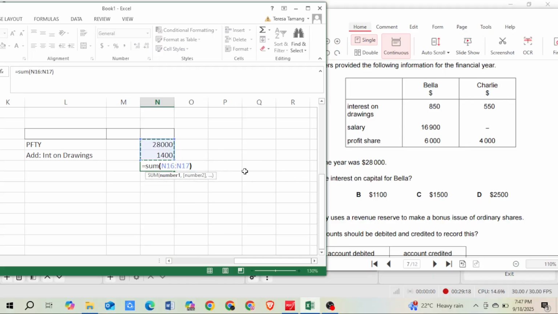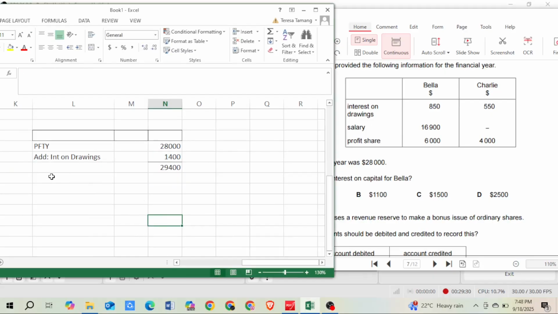And now we have a new total. Then we'll start subtracting expenses. We have salary given, so we'll subtract salary, and the salary subtracted is only for one partner, and that is minus 16,900. This is salary for Bella.